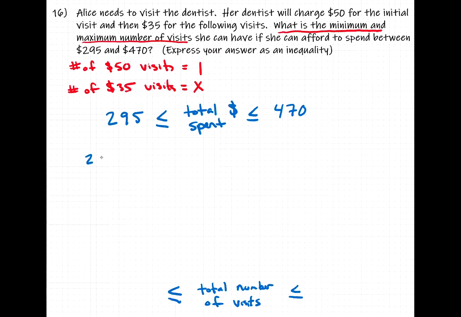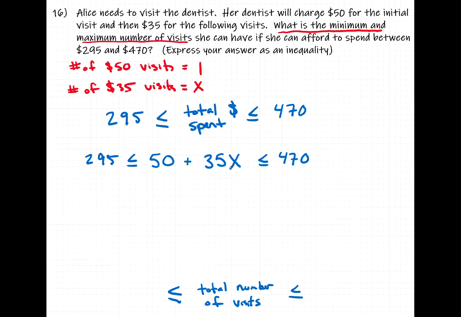Okay, so we have $295 on the low end. We have $470 on the high end. And how much is she spending? Well, she's spending $50 once plus $35 for each of the following visits. And there's X of those visits. So the total she spends is going to be $50 once plus $35 times X. Remember, X is the number of $35 visits.